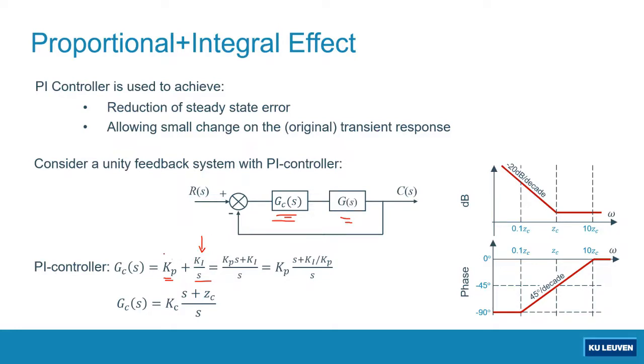This PI controller in the form of a Laplace function can be manipulated mathematically into this equation. And then if I manipulate it a bit further, I can rewrite it into this equation, right? Now, if I rename Kp as Kc, and the ratio between the integral coefficient and the proportional coefficient, I call it Zc.